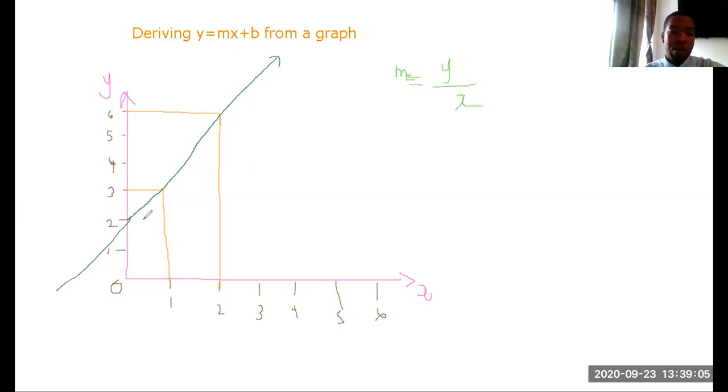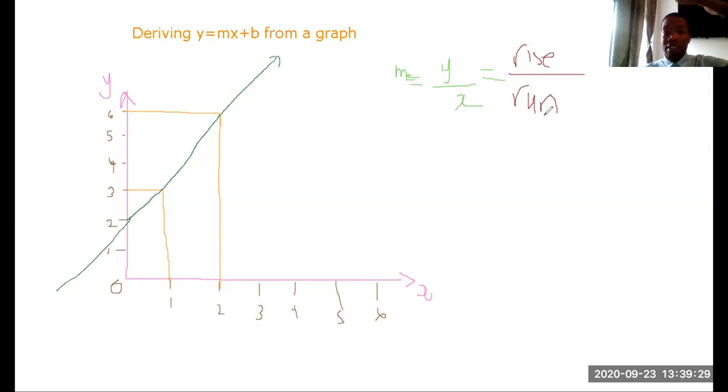So if I go to my origin, it went up 1, 2, 3 before it went to the first x, and then it went up another 3 to the second x. A lot of people call this rise over run.